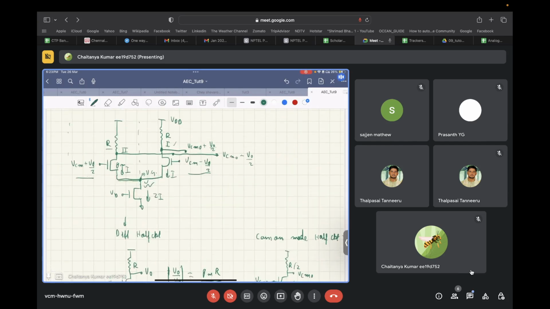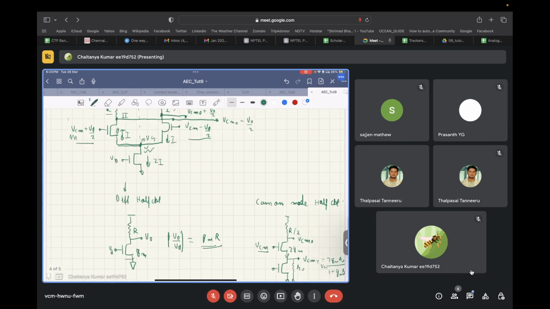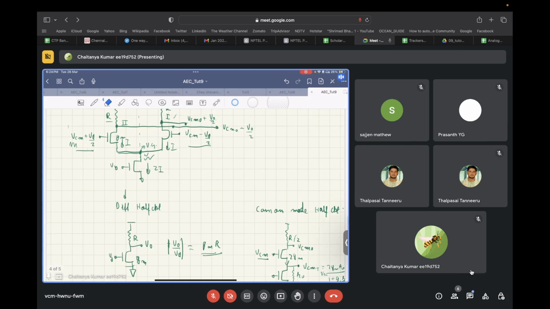That means no matter what common mode swing we have at the input, it won't be reflected at the output. So if the tail current source resistance was infinite, we would have got a better CMRR in this differential amplifier. Okay, I hope this is clear.